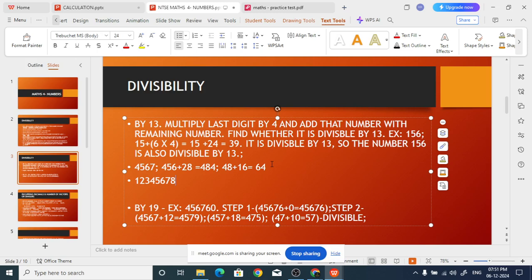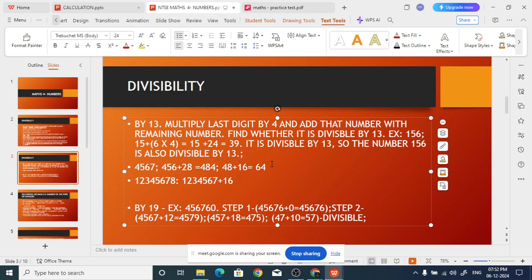Okay. How about the others? Are you able to find out? Yes, sir, let me do it. You keep on doing it like that, and in the end you will get around two or three digits. If that is divisible by 13, then you can say the number is divisible by 13. It's complicated, but you should know this. I want you to know it, not that you will use it.